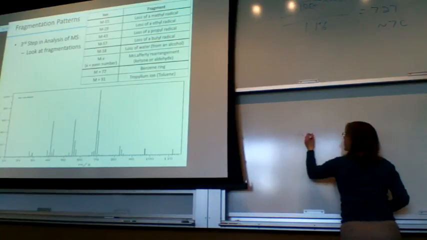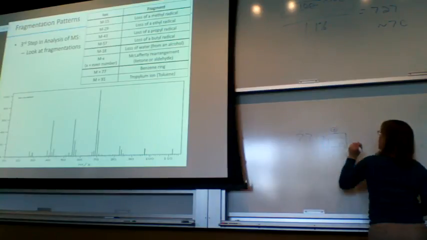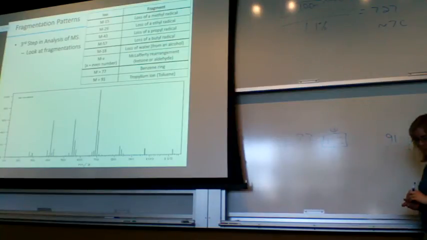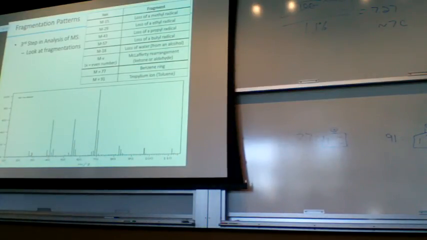So 77 is going to be our benzene plus, and 91 is going to be our toluene plus, or we call it the tropylium ion. There you have lost one hydrogen from that carbon on the toluene.